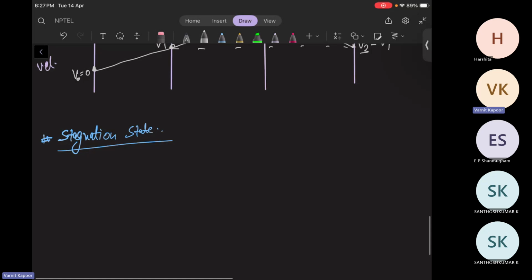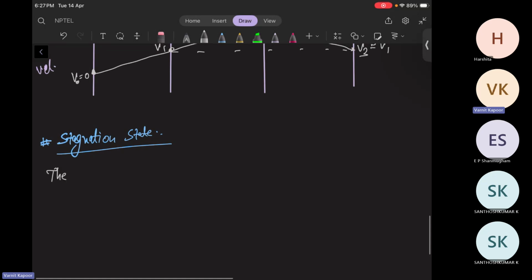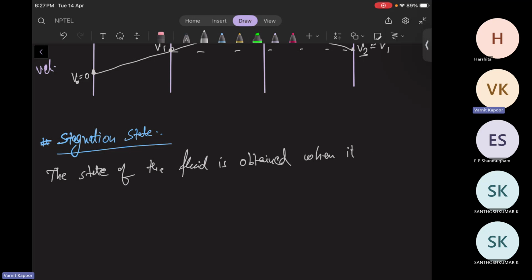The state of the fluid, either gas or liquid, is obtained when it is brought to rest condition isentropically.